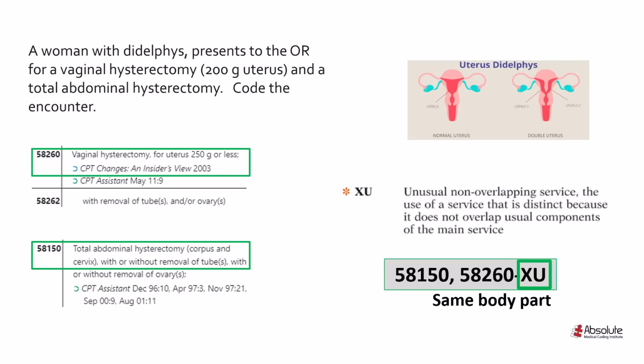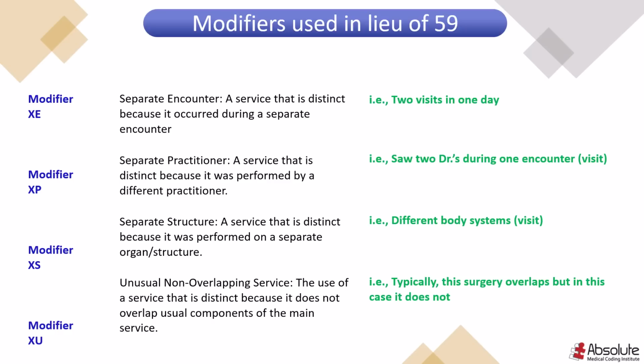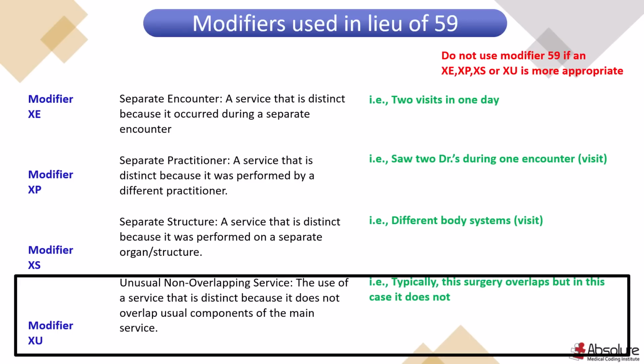They're going to say, "What are you talking about?" Right? So these modifiers are to be used in lieu of modifier 59. If you append that modifier 59, the computer would kick it back and say this is not correct. But this modifier XU says, hey, it is correct. We know this typically overlaps, but not in this case. So this is how you use modifier XU.